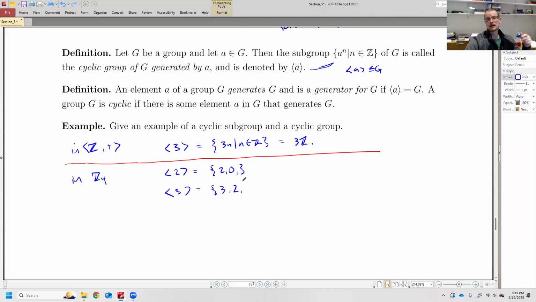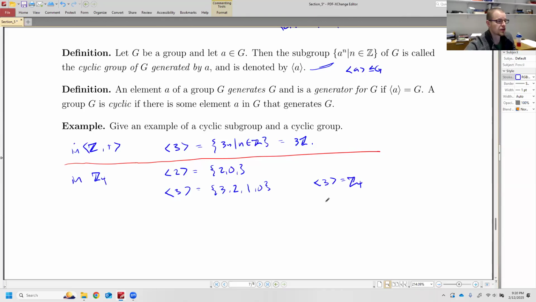Then 3 times 3, so 3 plus 3 plus 3, that's 9, which is 1 mod 4. And then 4 threes, 3 plus 3 plus 3 plus 3, that's 12, and 12 mod 4 is 0. So we end up with the entire set.